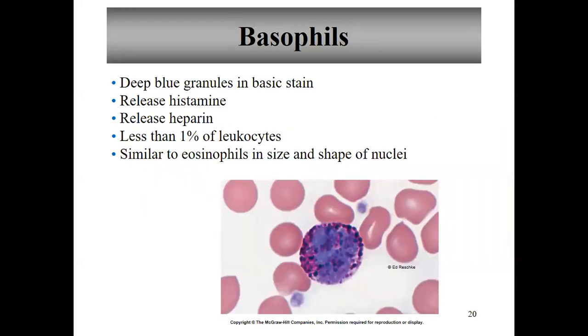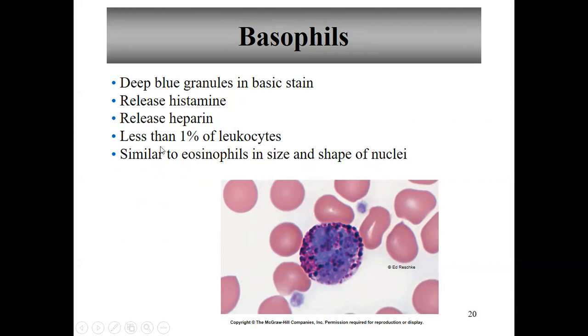Basophil. Basophil is the last type of granulocyte. So the base part of the stain will cause this cell or the granules to become a deep blue. This cell is responsible for releasing histamine. We hear histamine talked about when we talk about allergies. It's also responsible for releasing heparin. Heparin is responsible for thinning the blood.